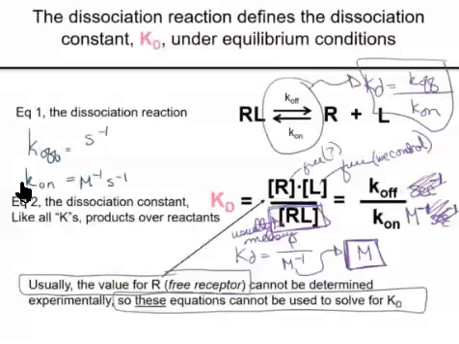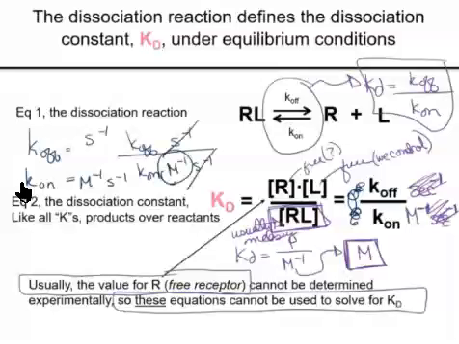If we look at the ratio of the units, K off over K on, per molar per second, the per seconds cancel out. We're left with per molar on the bottom of this expression.